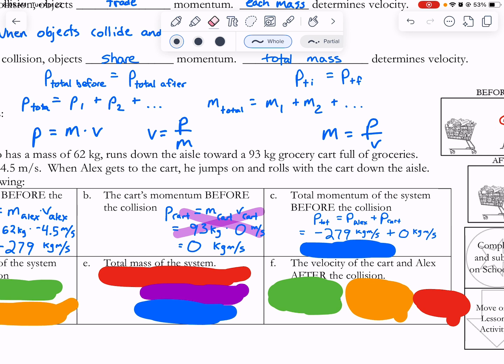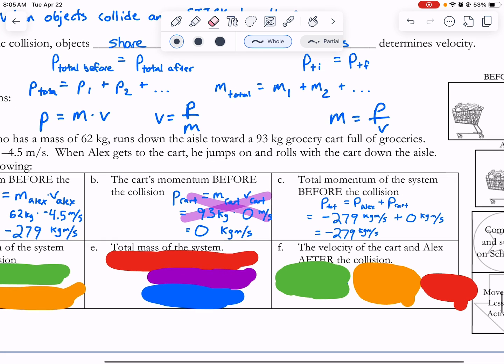So in this case, I'm going to end up with negative 279. If the cart were moving in the opposite direction and I had negative 279 and plus 300, then I would have a smaller number. And what is that? Well, that would be 21, okay? So it's really important to make sure you have those different little pieces.